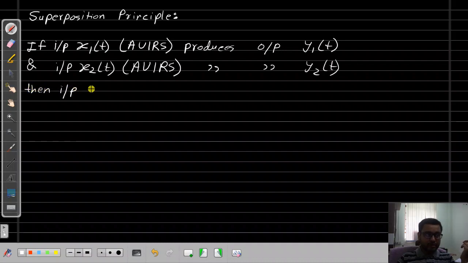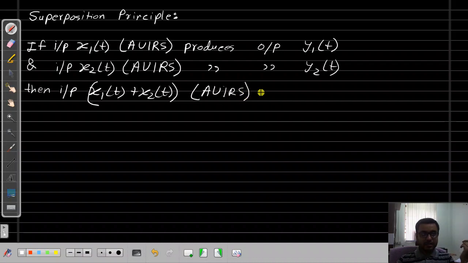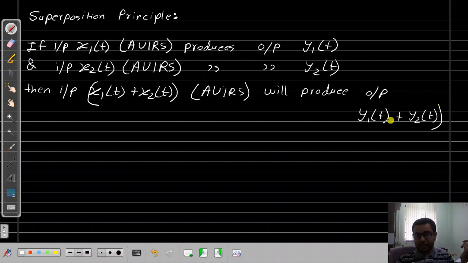input x1(t) plus x2(t), the sum of the previous two inputs together, again applied under initially relaxed state, will produce output given by y1(t) plus y2(t), the sum of the previous two outputs.